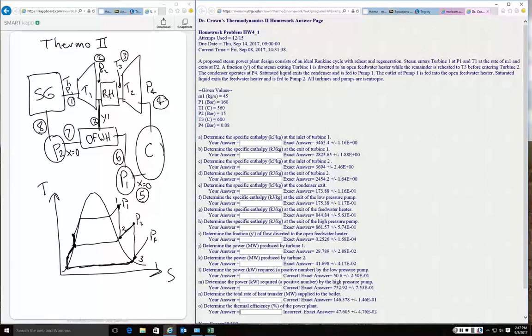So this is going to be state, actually this is state 3 up here, and state 4 down here. I skipped the reheat as a state. Then we're down to state 5, state 6, state 7, state 8, and then back to the turbine inlet.